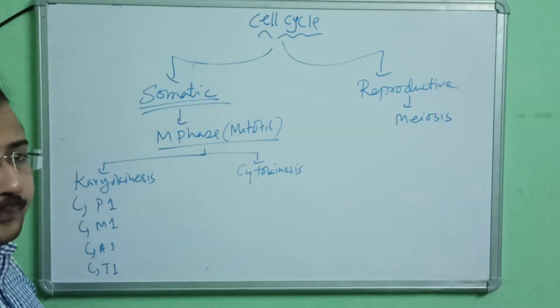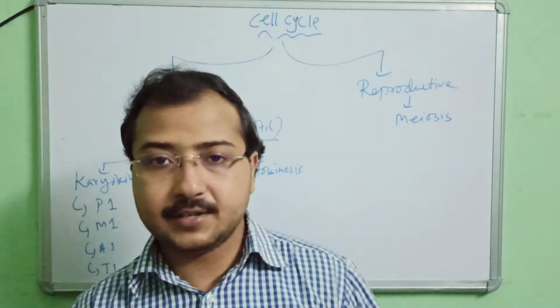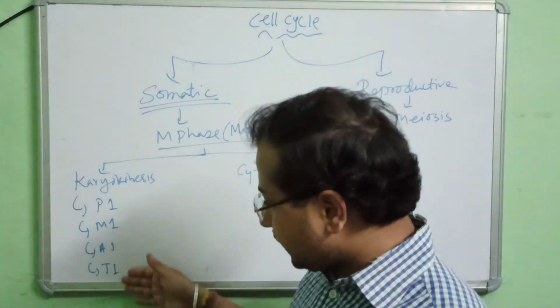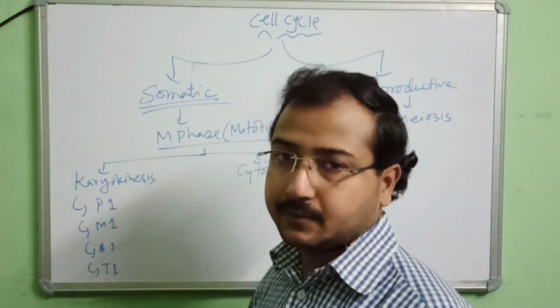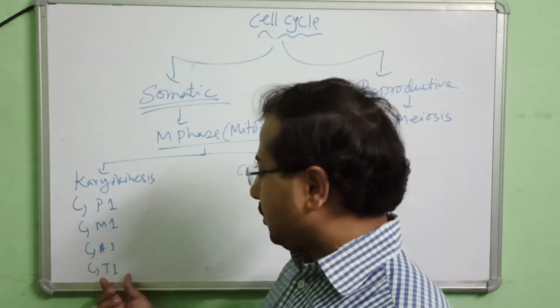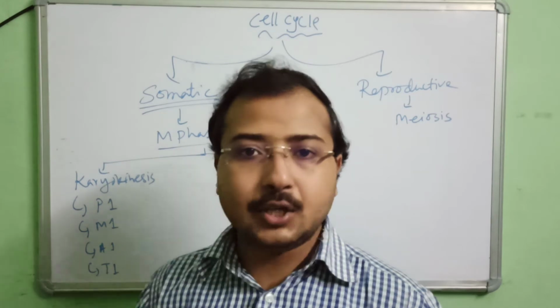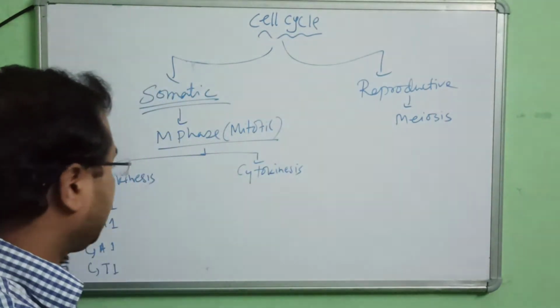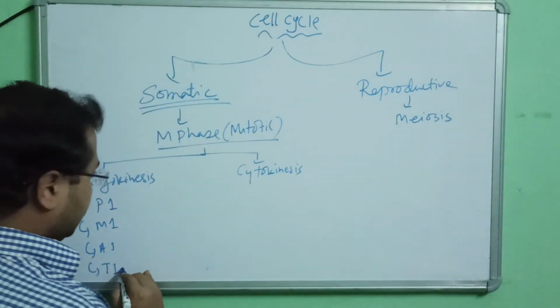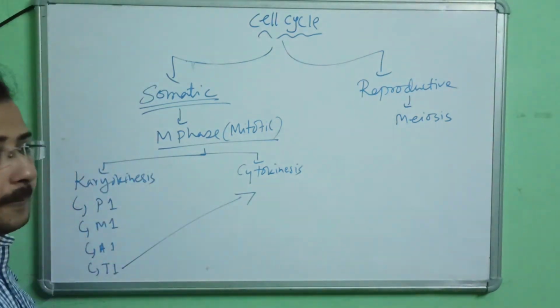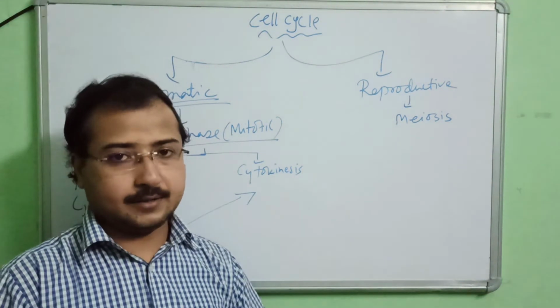Prophase, metaphase, anaphase, telophase. These steps take place in this proper sequence. By the end of telophase the nuclear division is completed, and then it will undergo the cytoplasmic division. The cell will divide.